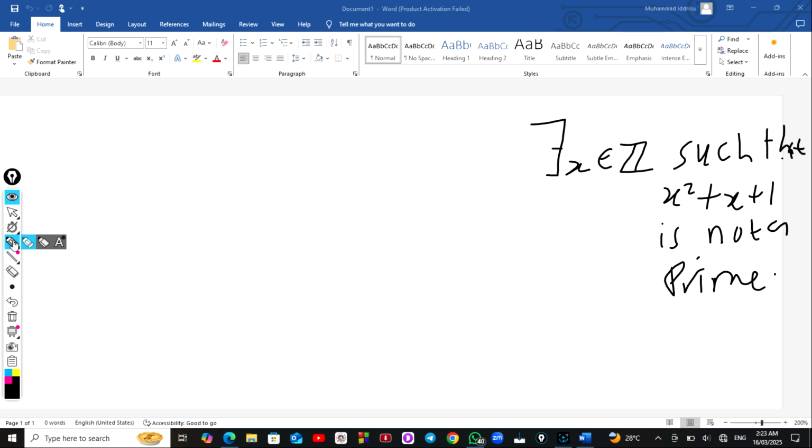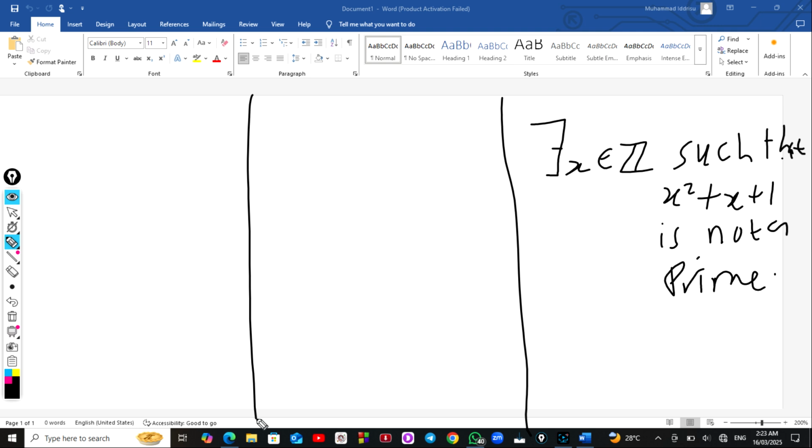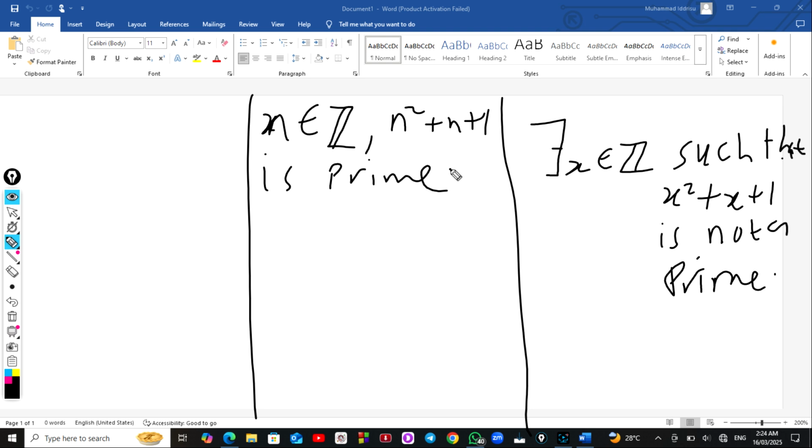So let this be a guide. For every n in Z, they are saying that n squared plus n plus 1 is prime. That means a prime number, any number that has only two factors, 1 and itself.